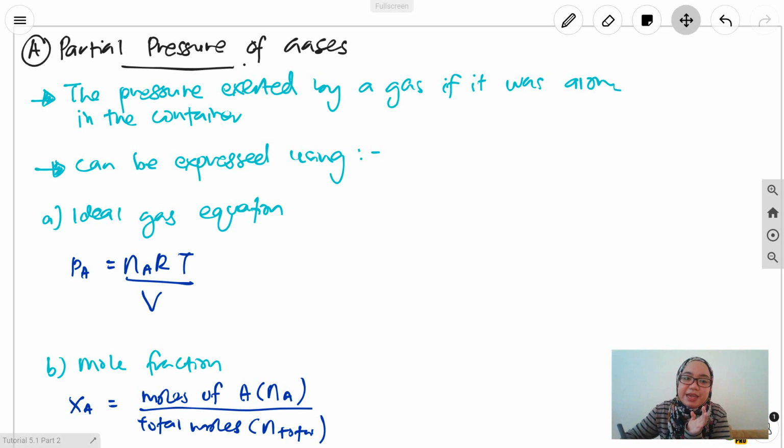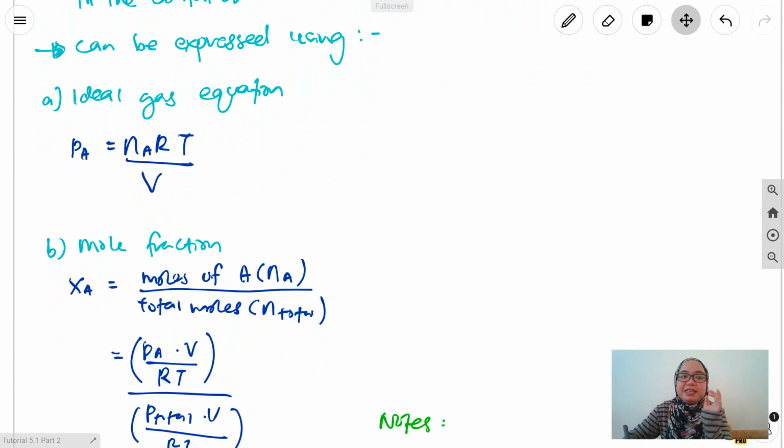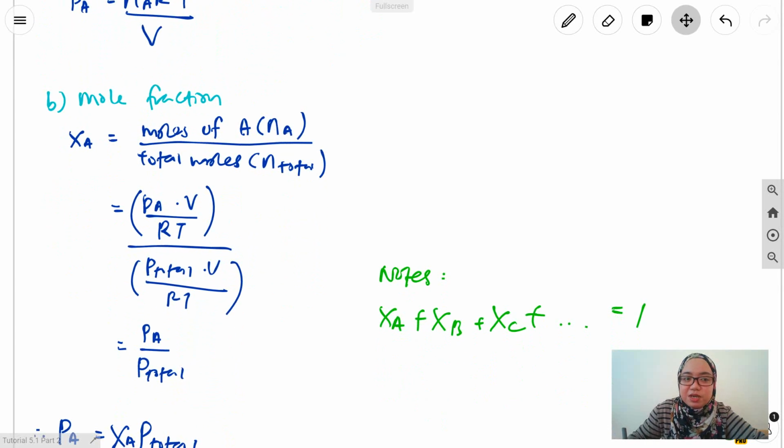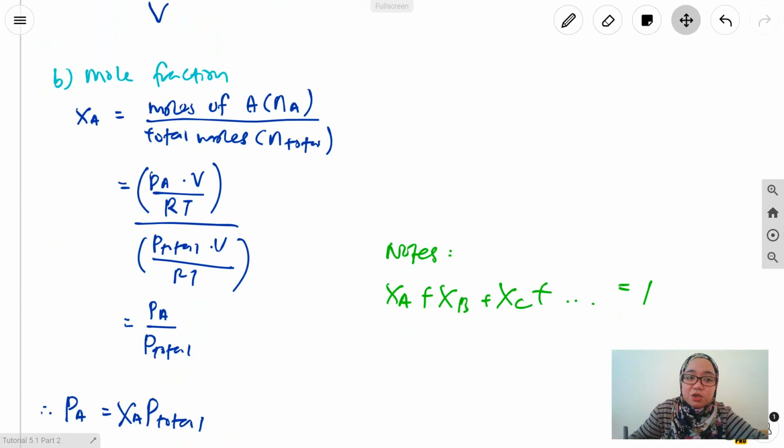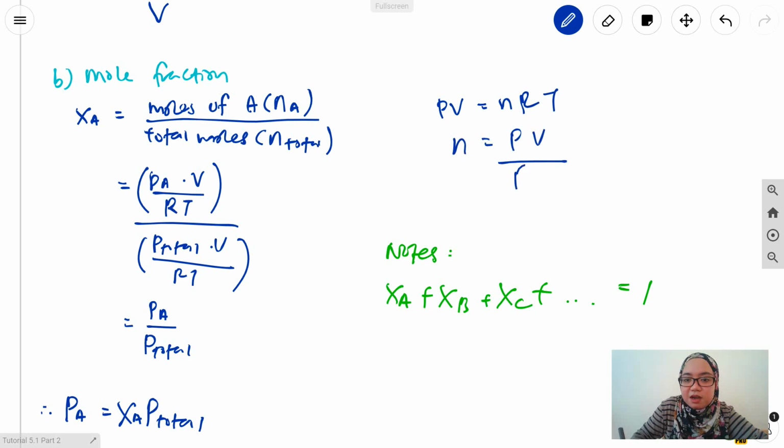It can be expressed using the ideal gas equation like what we did just now, PA equals nART over V, or we use the combined gas law, and we can use mole fraction. Mole fraction is moles of A over total number of moles. We know that PV equals nRT, so n equals PV over RT.